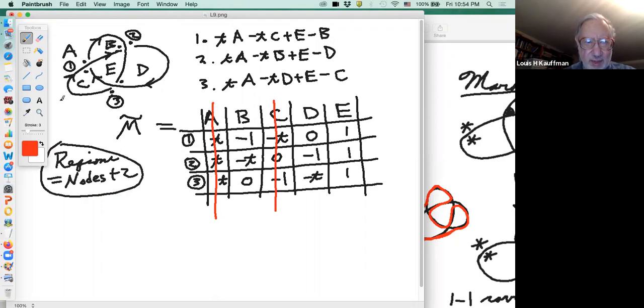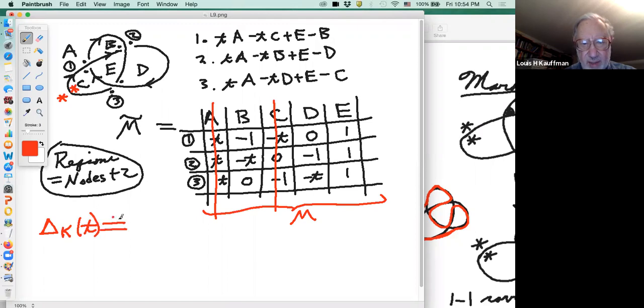That's A and C. Now I have exactly as many regions as I have columns, and I have a 3 by 3 determinant. And I'll call the resulting matrix M. And then the definition of the Alexander polynomial is delta K of T is equal dot determinant of M.